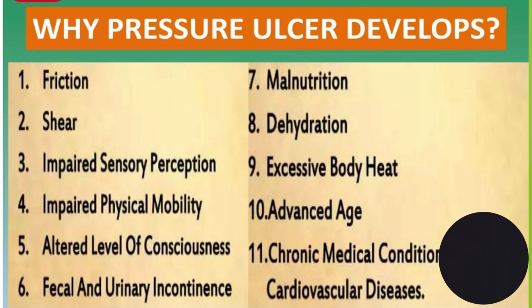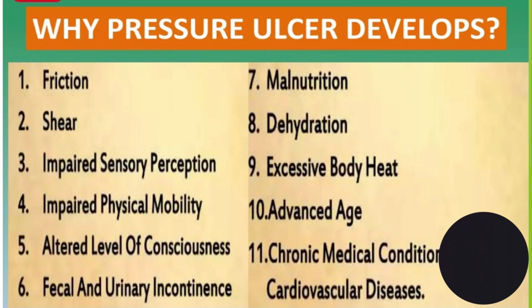Advanced age: the skin loses its fat, and the level of protein and fat in the skin is very low. The person may easily develop a pressure ulcer because of the loss of skin density and texture.